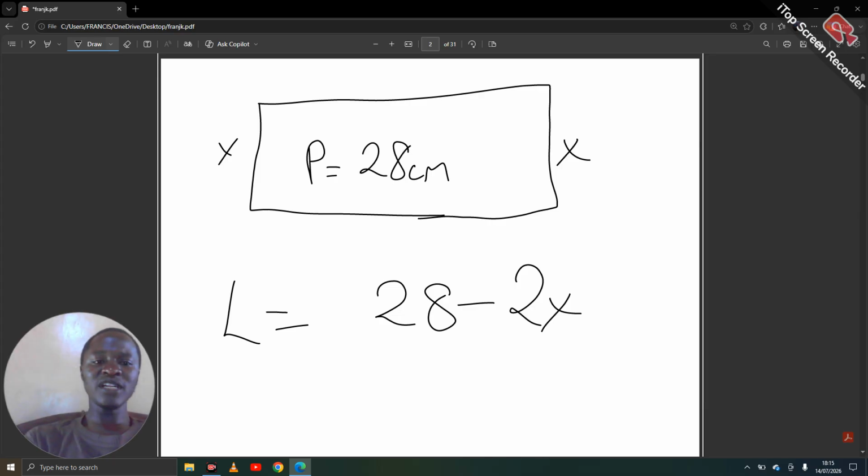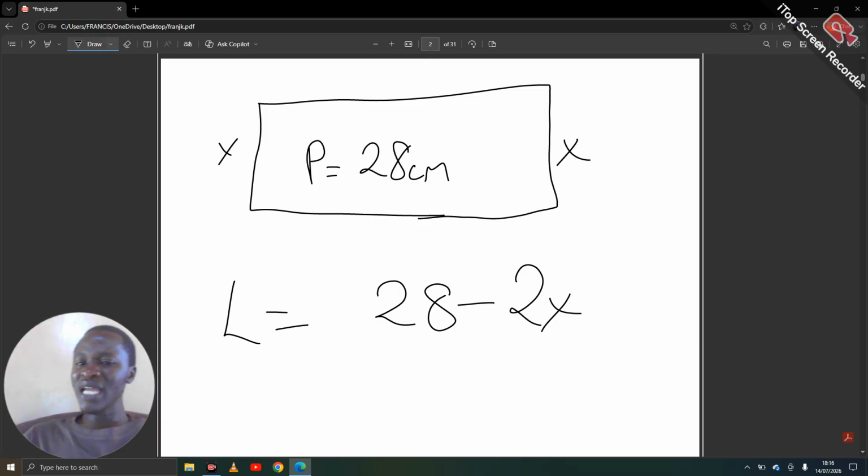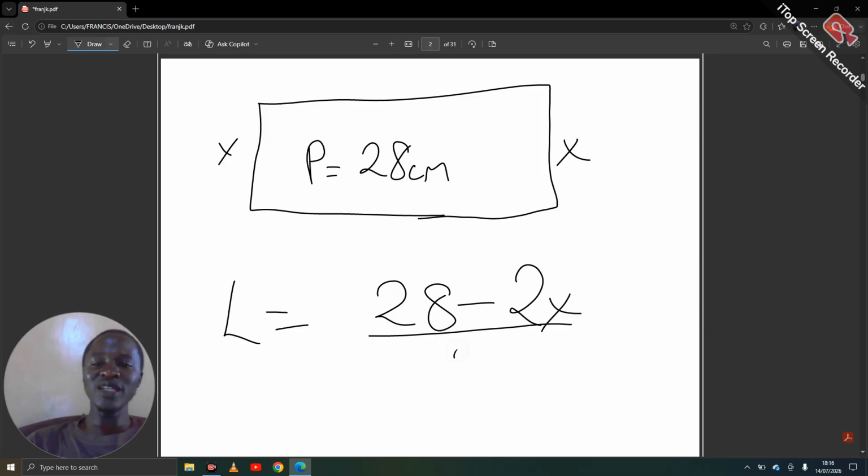That is why I've not written 2 here, or it is not mathematical to write one length, because it doesn't make sense. So for me to get length, it is 28 minus 2x divided by how many lengths do we have in a rectangle? It is only 2.